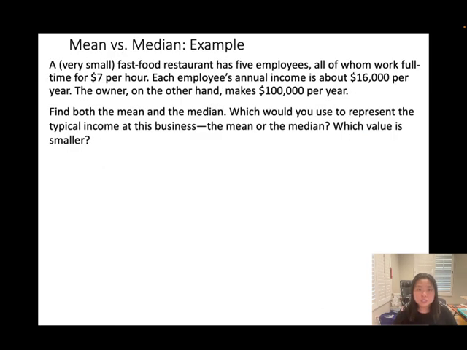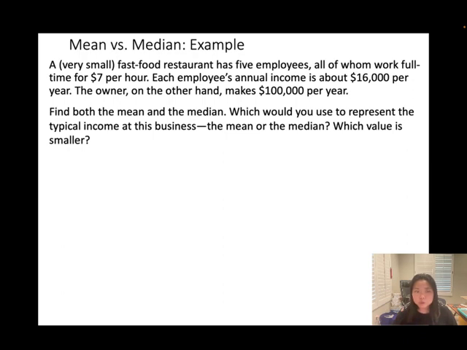Okay, let's try this example. A fast food restaurant has 5 employees, all of whom work full-time for $7 per hour. Each employee's annual income is about $16,000 per year. The owner, on the other hand, makes $100,000 per year. Find both the mean and the median.